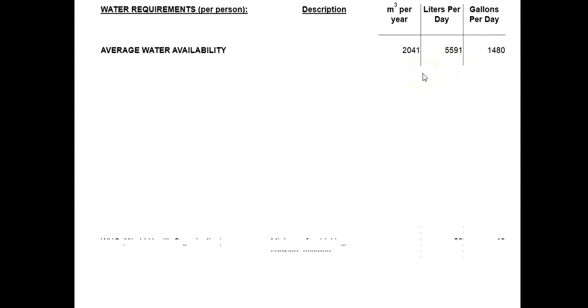Right? The World Health Organization says that the minimum needed per person for drinking, cooking, and hygiene is 50 liters, which translates to approximately 13 gallons. Right?